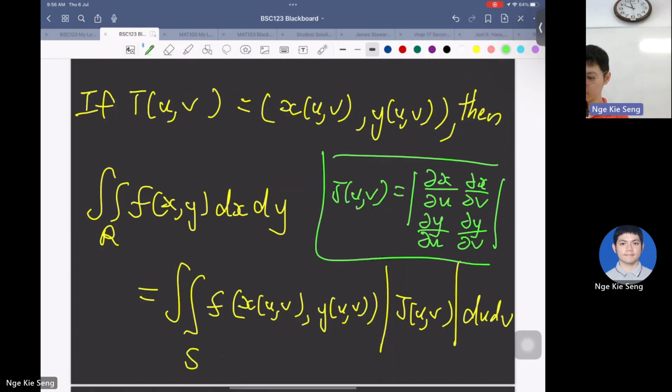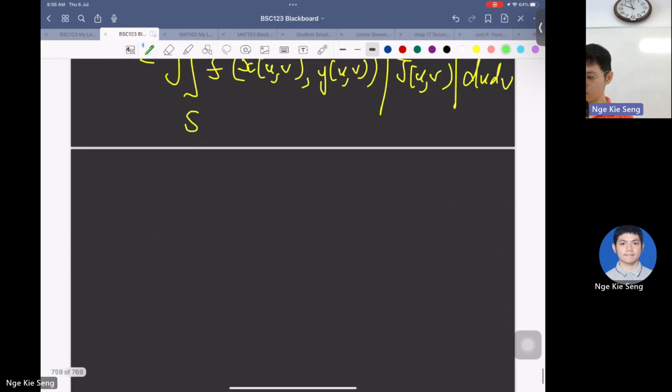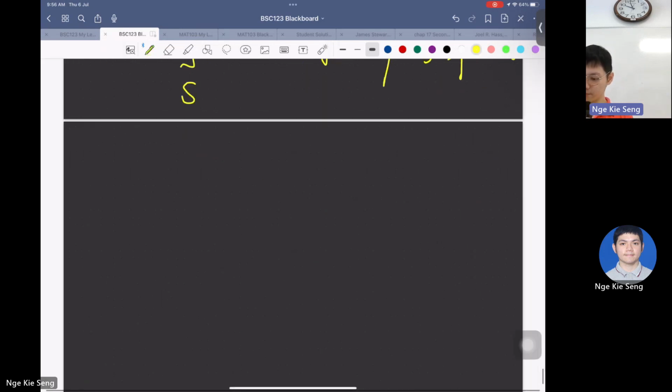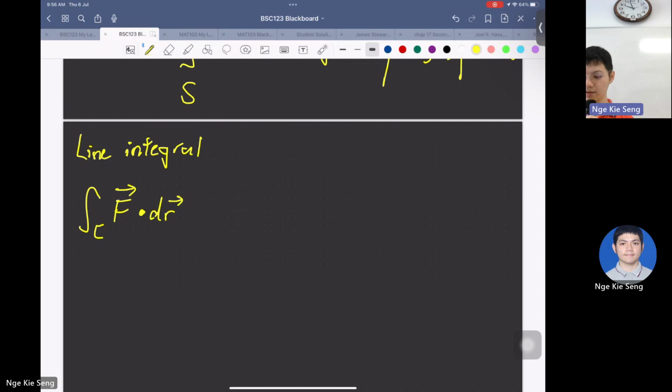So let me write down what I'm saying just now. Line integral: we have a vector field, which is called work in physics.